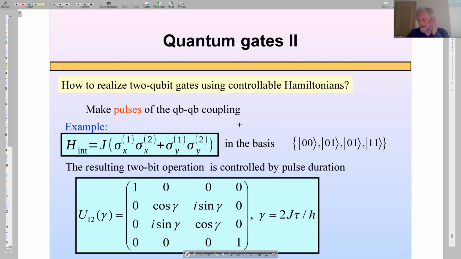Let us give an example which will realize a quantum gate in this context.